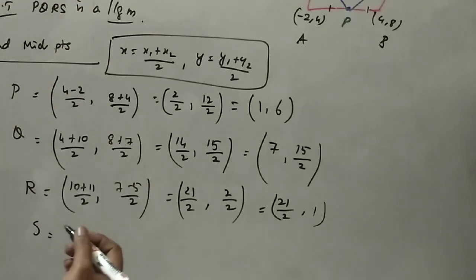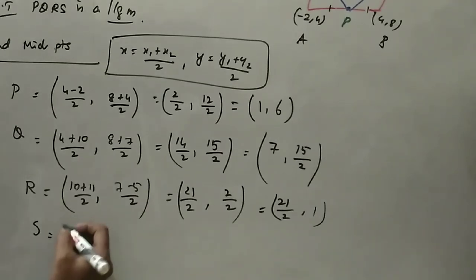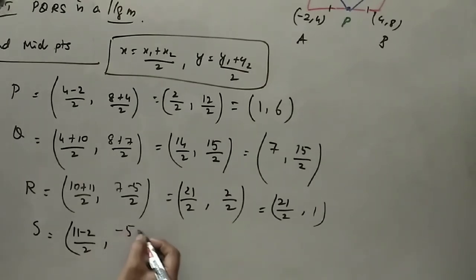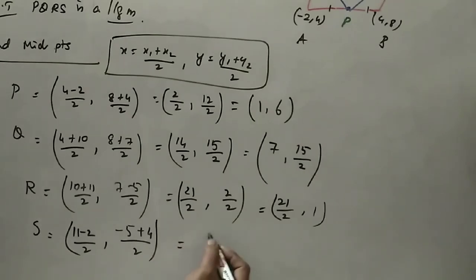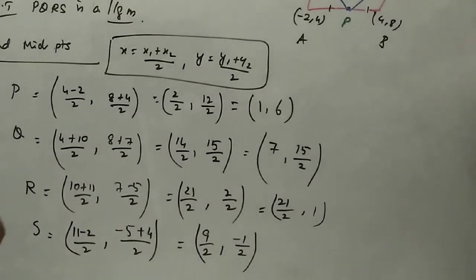So S is (11 minus 2) upon 2 and (minus 5 plus 4) upon 2. So you will get 9 upon 2 and minus 1 upon 2. This is the coordinates of S.